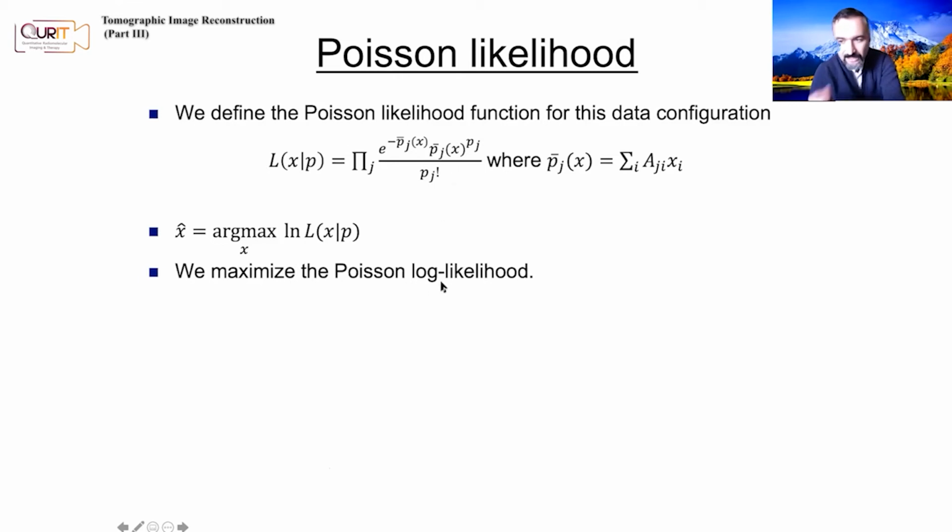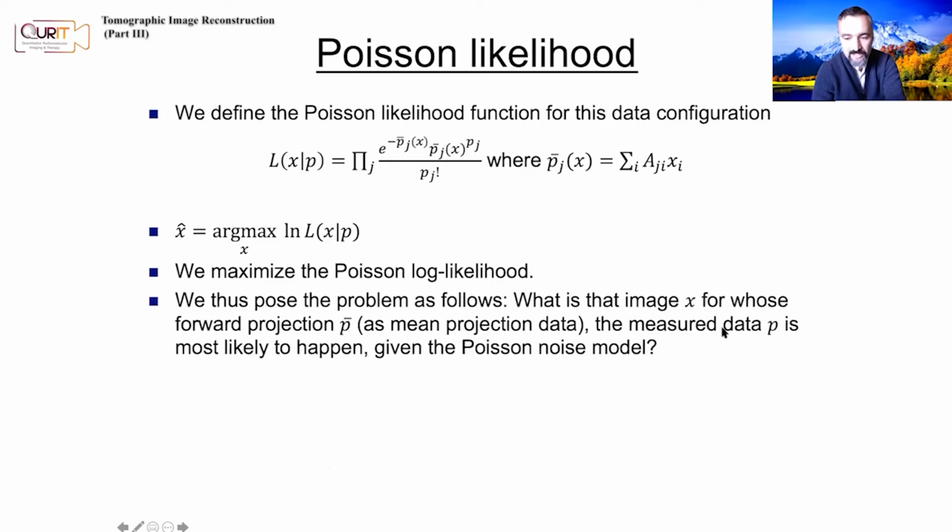What does that mean? Intuitively, this is a likelihood estimation, and a number of you have seen this in other applications, in other courses perhaps. But what does that really mean? It means we want to pose a problem as follows. What is that image for whose forward projection, P hat, or P bar, the measured data P is most likely to happen?